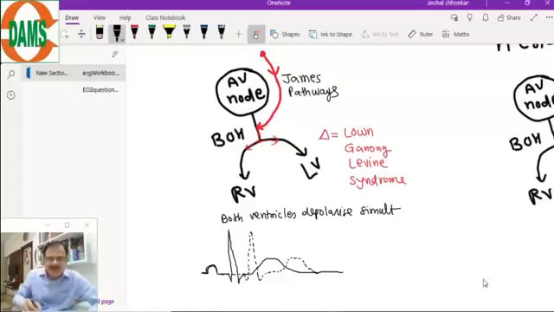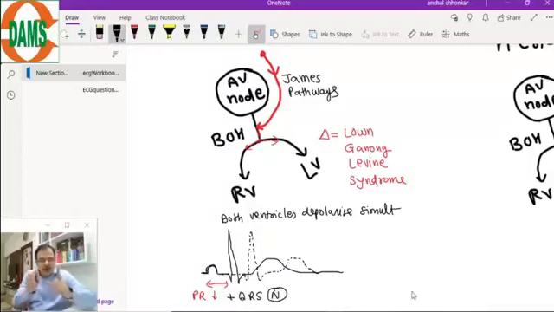So in this ECG, the PR interval is shortened. The PR interval is reduced, and the QRS complex is normal in width, because both ventricles are depolarizing simultaneously.